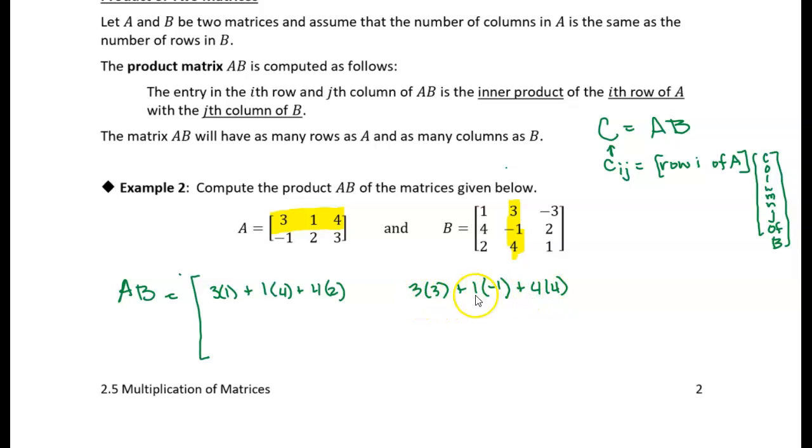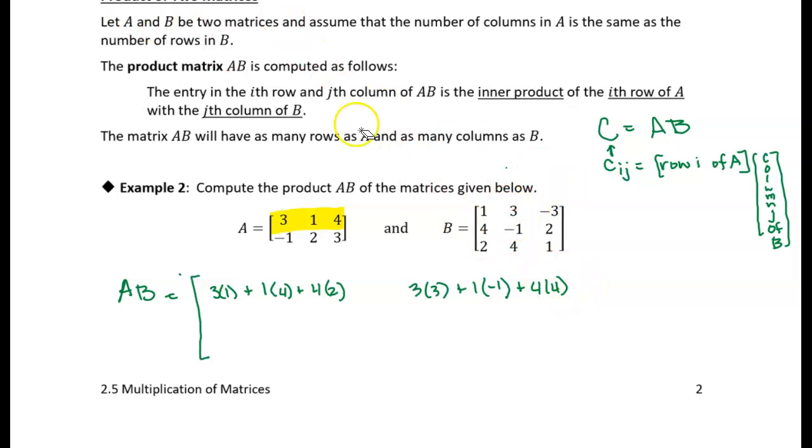Again, you can see the 3, 1, 4 from the first row, and the 3, negative 1, 4 from the second column, and that's the element in this first row, second column. Okay? All right, let's keep going.